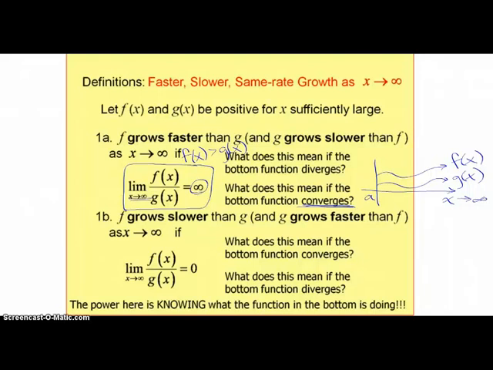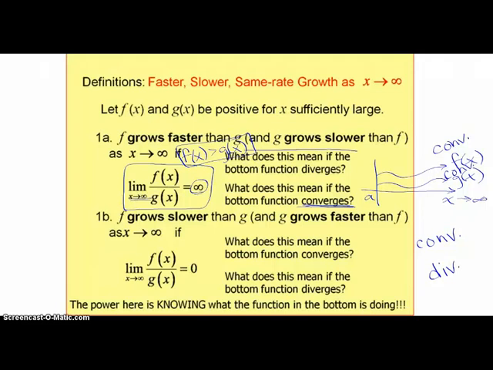That's not helpful. To tell me that f of x is bigger than a convergent function doesn't necessarily tell me f has to diverge. I can have a convergent function bigger than another convergent function. What I can't have is a convergent function bigger than a divergent function.